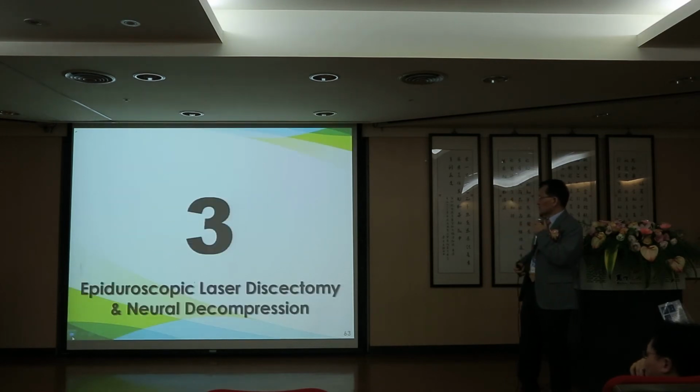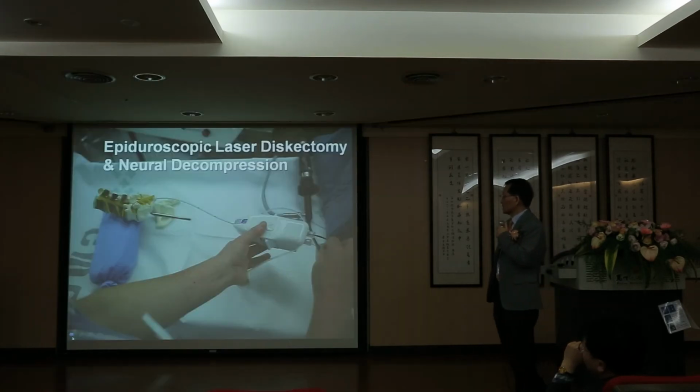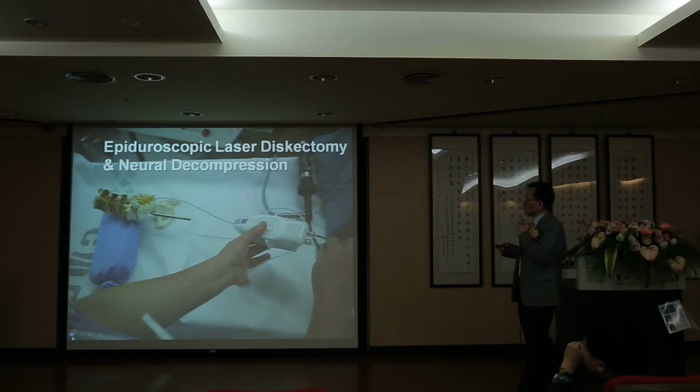The next one is epidural radial discectomy and neurologic compression. It has developed from medication and physical therapy to nerve block, neuroplasty, epiduroscopy, and now epiduroscopic radial discectomy. The epiduroscopic catheter is introduced to the anterior epidural space like this, and then there are two holes here.